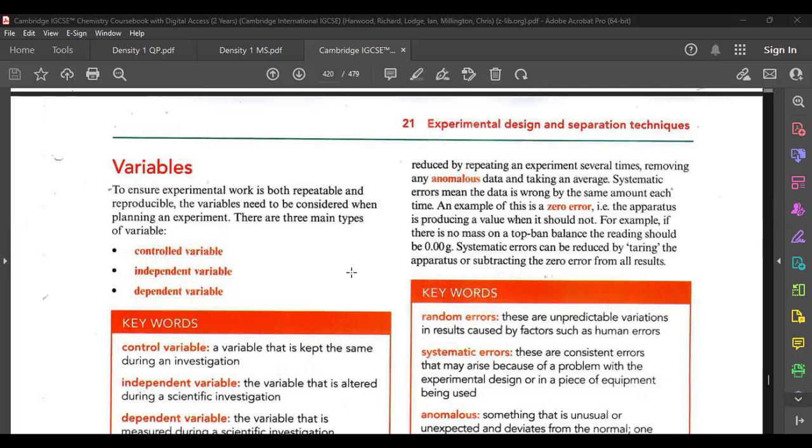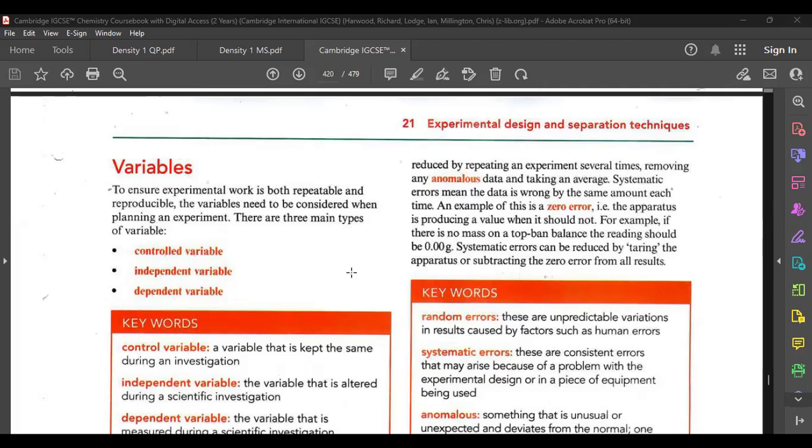So variables are normally discussed in physics, but there are variables in chemistry as well. For example, if you are measuring the boiling or melting point of a chemical compound, there are certain variables upon which the melting and boiling points depend. Those are independent variables, and if you choose to change them, you are free to do that.